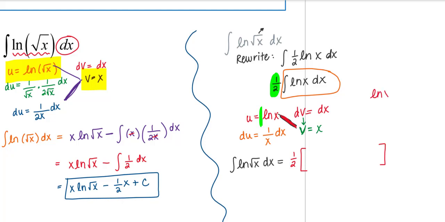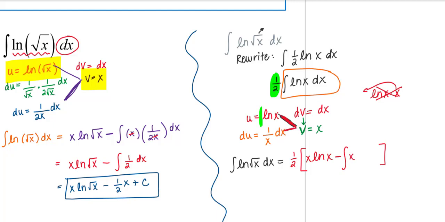When some people write natural log of x times x, they think it's natural log of x squared, and it's not. So I like to write that x in front. After all, it's just a product, so I can use my commutative property, which says 2 times 3 is the same thing as 3 times 2. So I'm going to write x times natural log of x. That's my uv minus the antiderivative v du.